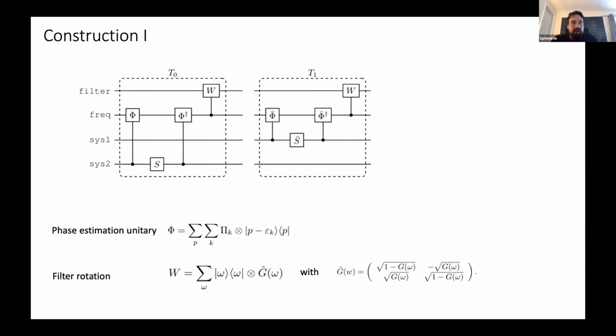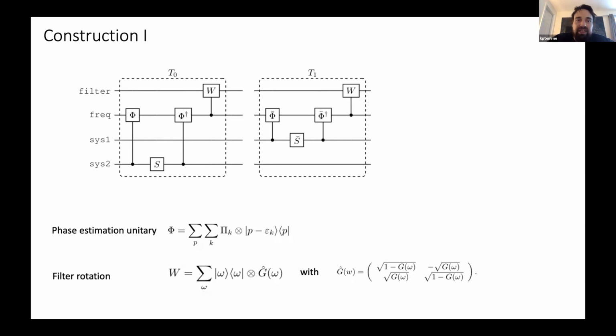What you see are two circuit diagrams, T0 and T1. Let's just look at the circuit diagram for T0. We need 4 registers. We need 2 copies of a physical register, system 1 and system 2, these are C^N copies. The frequency register is basically just the energy or the pointer register for the phase estimation that we're doing.